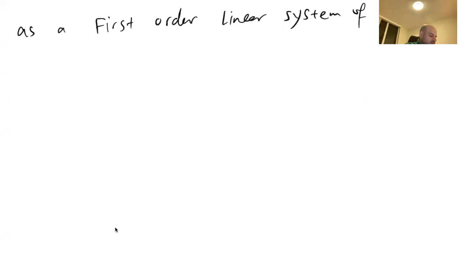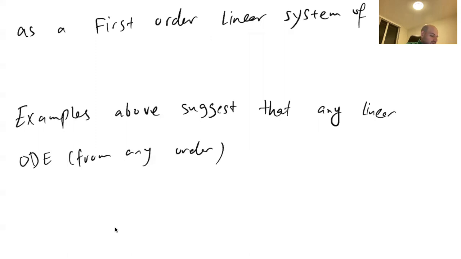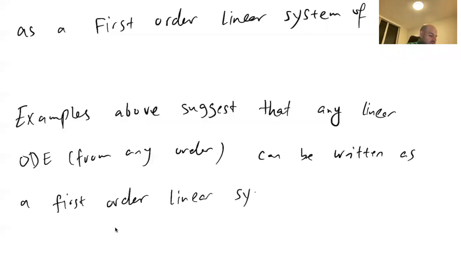So the examples above suggest that any linear ODE from any order can be written as a first order linear system of ODEs.